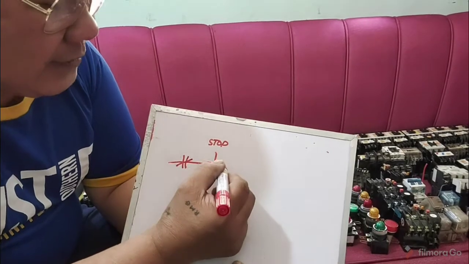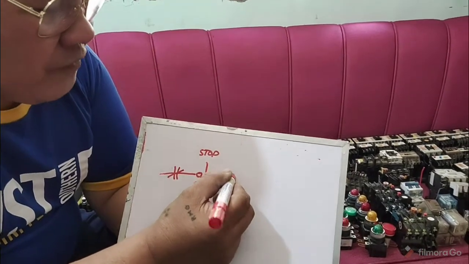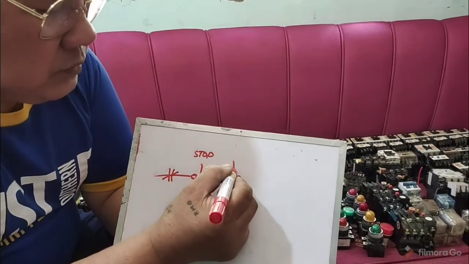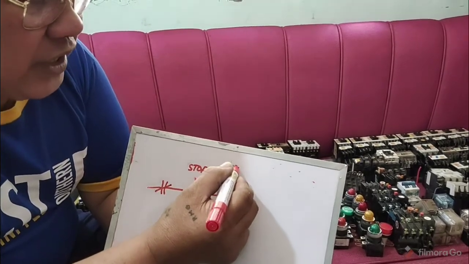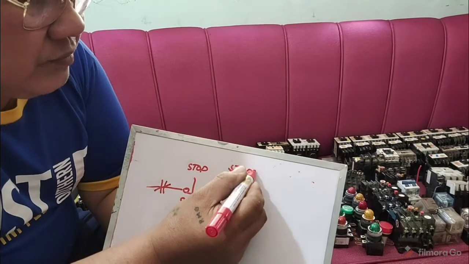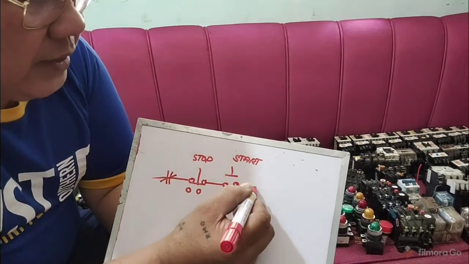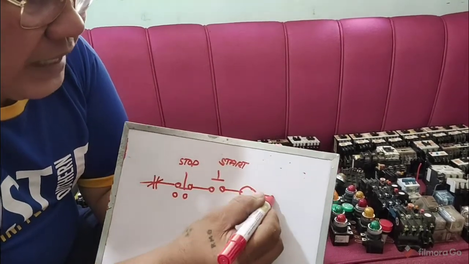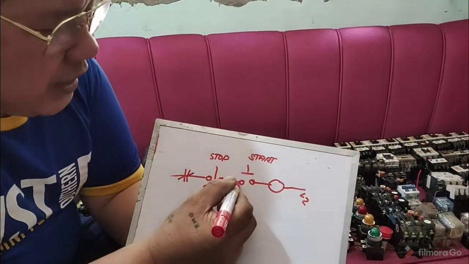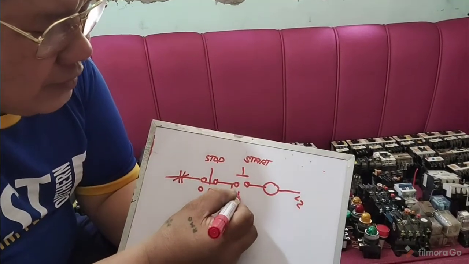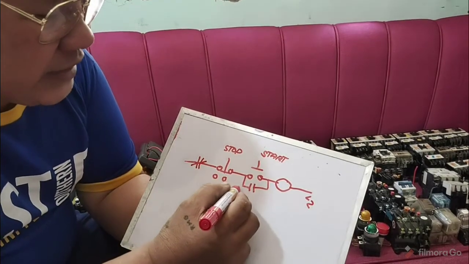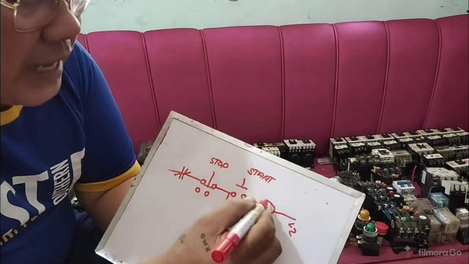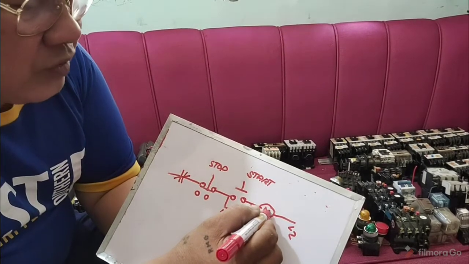Then you have your start button. Okay. Then of course, you have your magnetic coil. Then you have your maintaining contact. Now the maintaining contact is coming from the main contact. So this is your main contact.